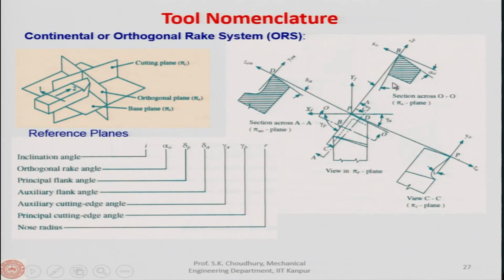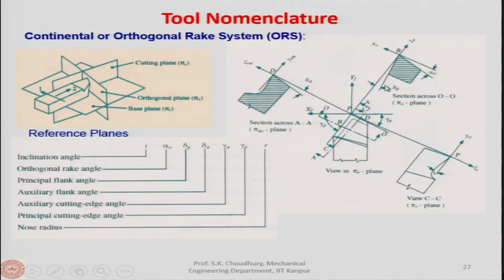So, once again, we are taking the sectional view along OO, which is perpendicular to the principal cutting edge, and we are looking at what is in here. Here it will be the flank face and the rake face that will be revealed.